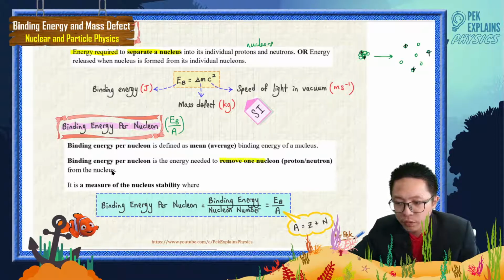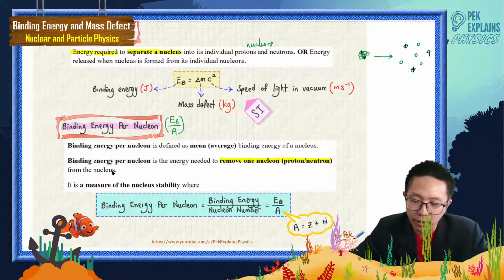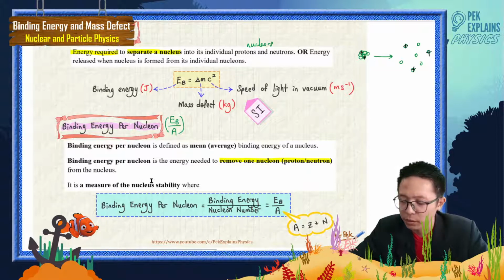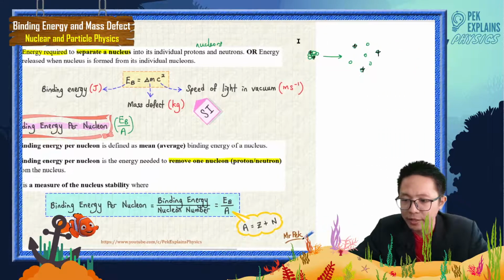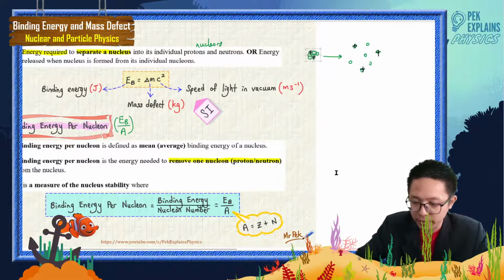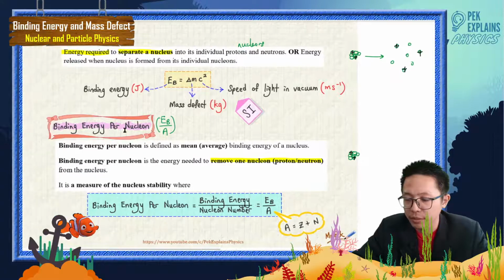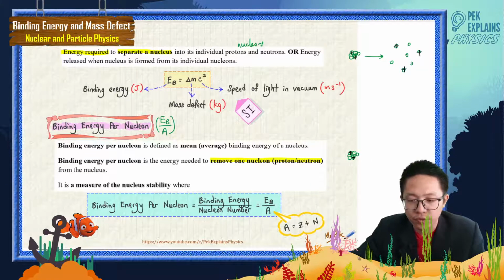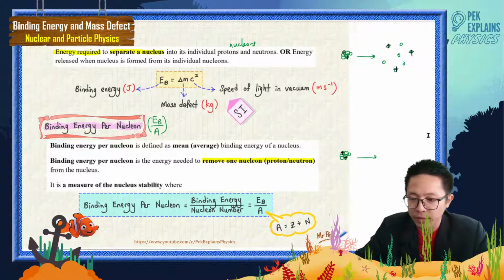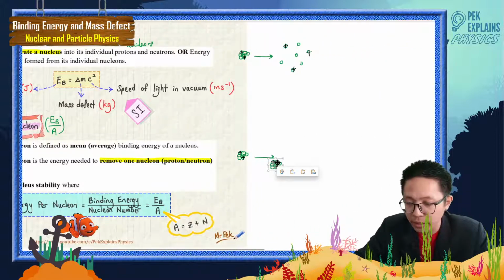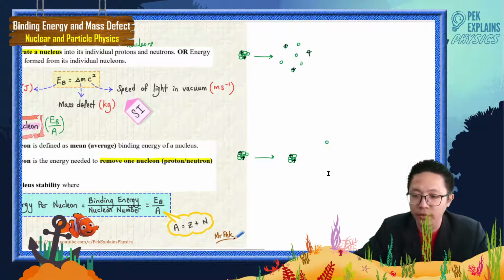I have the same nucleus here, and binding energy per nucleon means I remove just one of them. Remove one out. You see that?